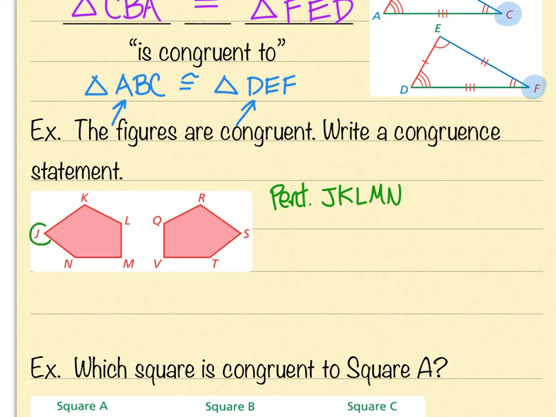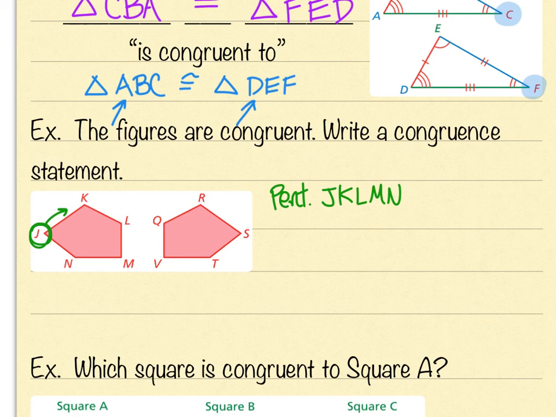If I start at J, which I did, I can go either this direction or this direction, but I have to go clockwise or counterclockwise. I can't just say J, L, N, K, M. I can't do that because I have to go from one angle to an angle that is next to or adjacent to the other angle I started with. So I can't do that.